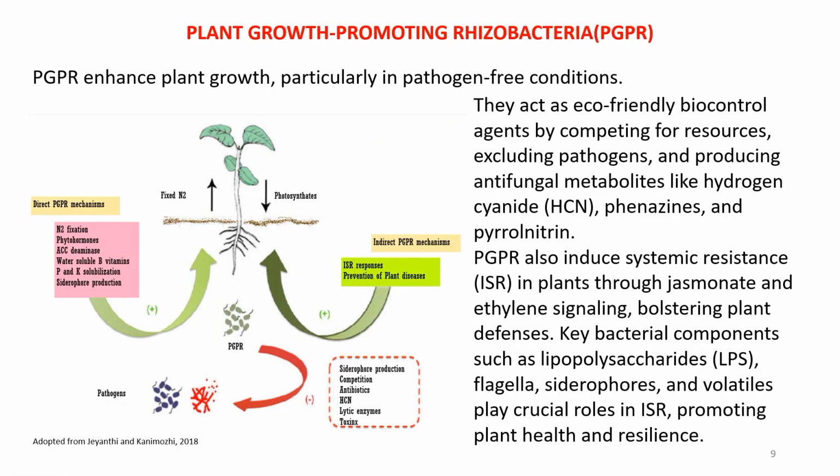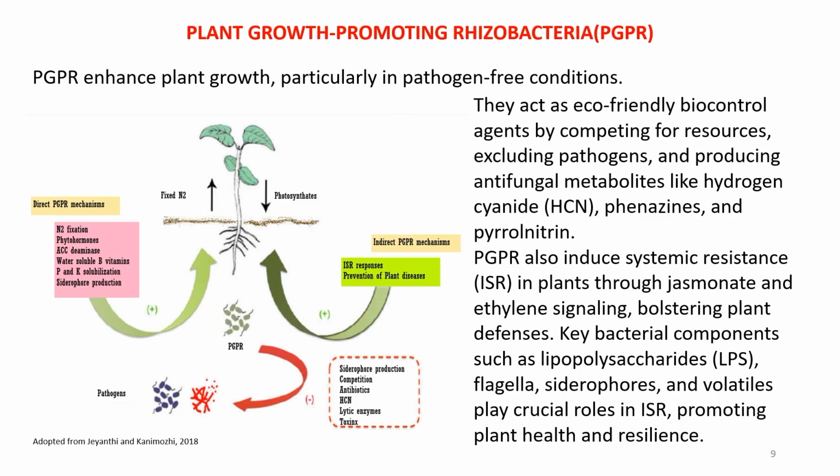Let us now look into plant growth promoting rhizobacteria, which we call PGPR, that enhance plant growth, particularly in pathogen free conditions. So, they act as eco-friendly biocontrol agents by competing for resources, excluding pathogens and producing antifungal metabolites like hydrogen cyanide, phenazines and pyrrolnitrin.